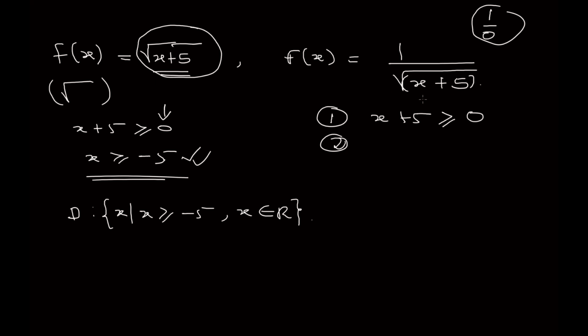So what does that mean? We are going to change this. Instead of saying greater or equal to 0, it becomes like that: x plus 5 is greater than 0, because we don't want a 0 here. Also, we don't want a negative number in there.